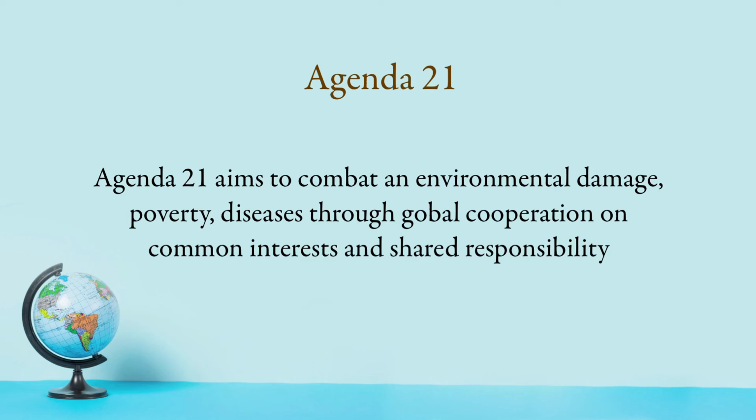Agenda 21 aims at achieving global sustainable development. The Agenda 21 aims to combat environmental damage, poverty, diseases through global cooperation on common interest and shared responsibilities. One of the major objectives is that every local government should draw its own local Agenda 21.